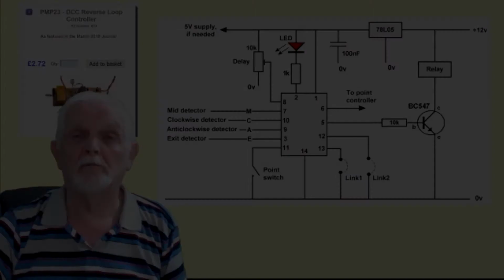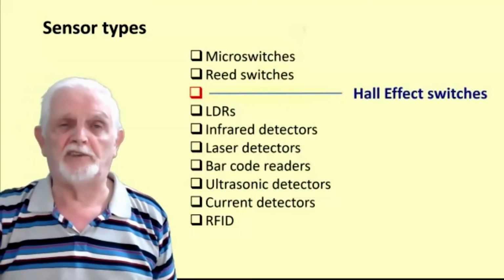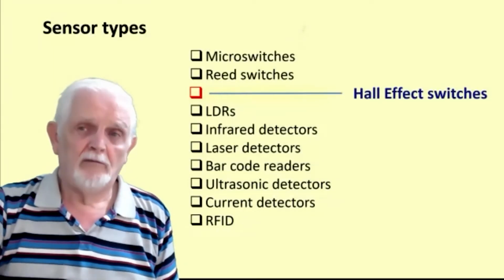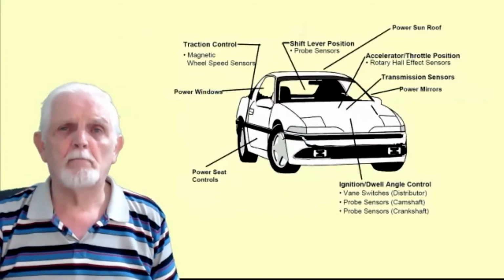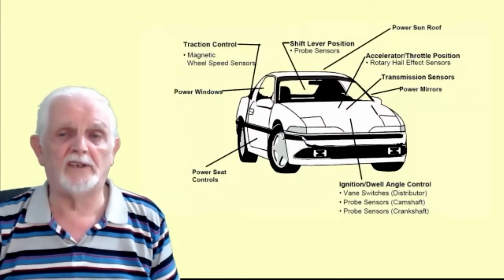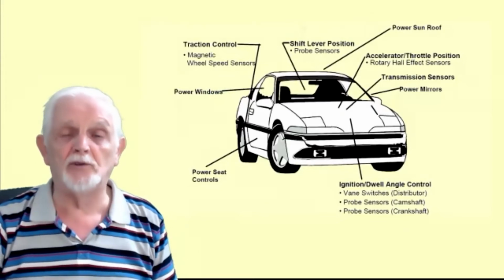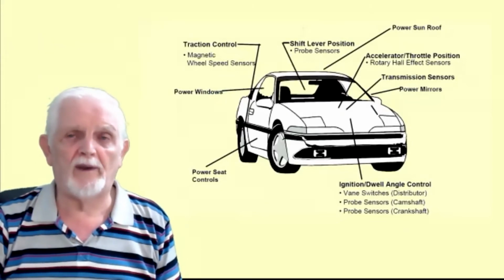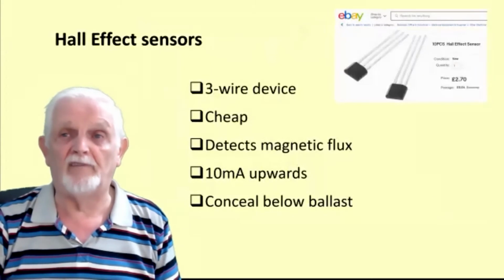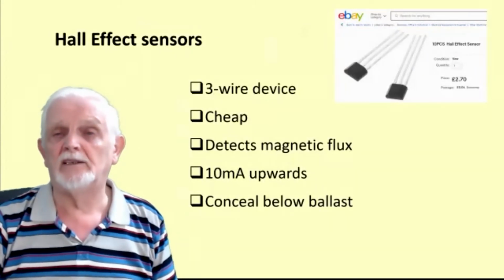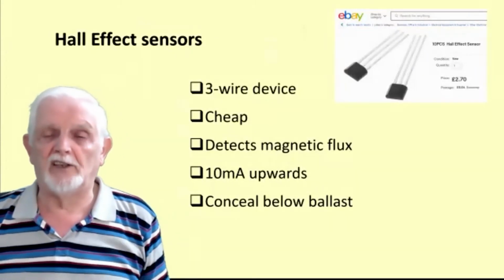Hall effect switches are fairly popular. Very, very popular in cars. Are used in a whole number of places because, again, they're sealed units. There's no worry about ingress of anything. That's what they look like. They look almost like a little flat transistor.